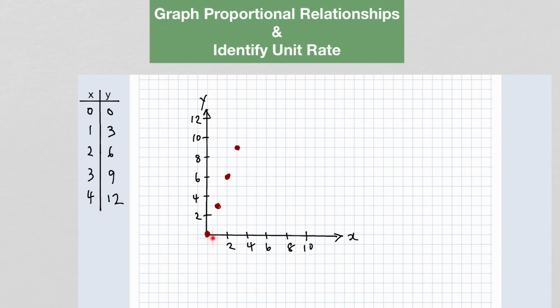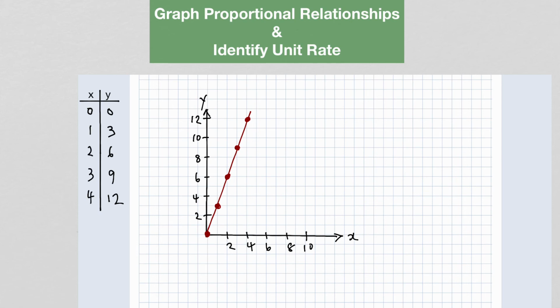So we're going to go to 4 on the x-axis, and then we're going to go up 12. 2, 4, 6, 8, 10, 12. It lands us right here. So we're going to plot that point. And then we connect the dots. And we get this graph.